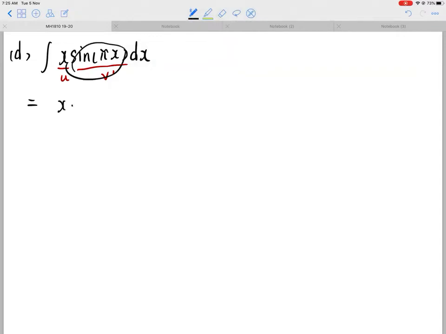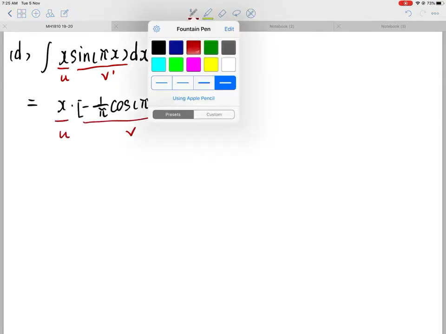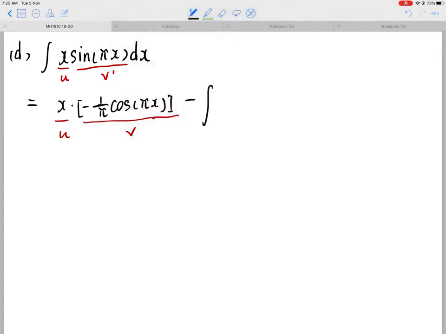So which function's derivative is sine pi x? It should be negative cosine pi x times 1 over pi, right? So times 1 over pi. So this is u, this is v, minus the integration of u's derivative times v.